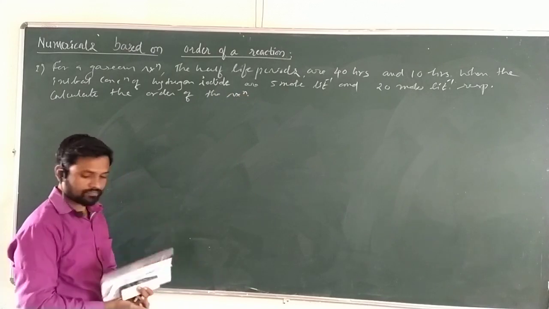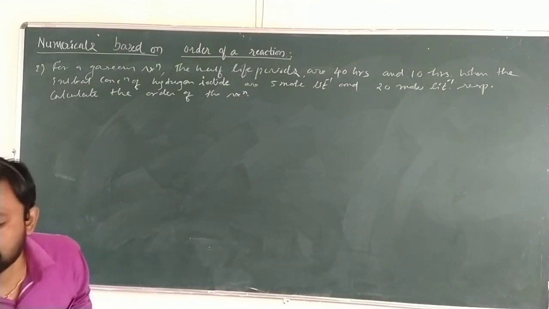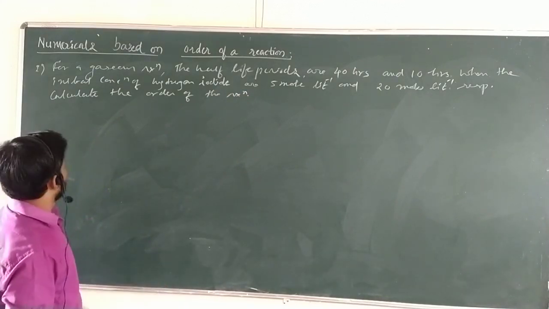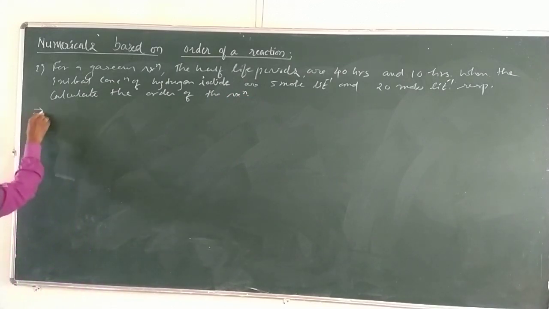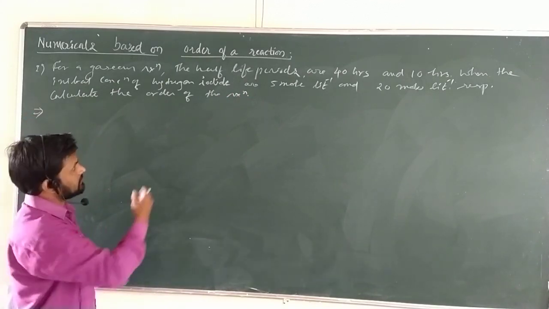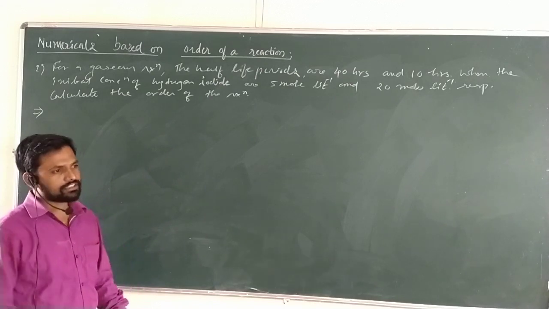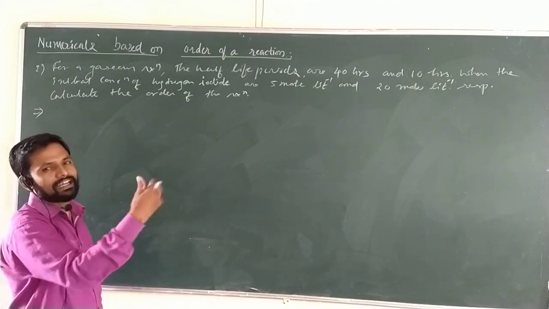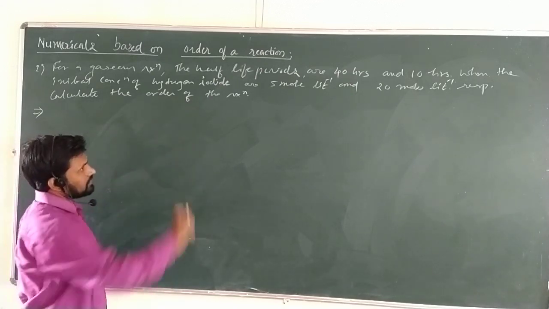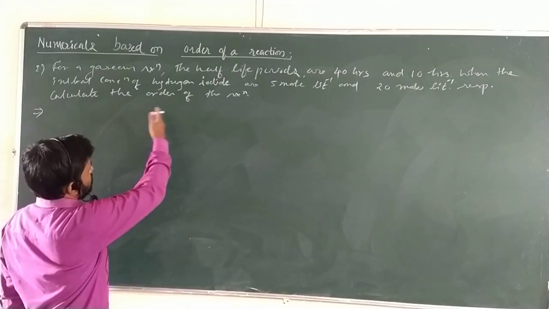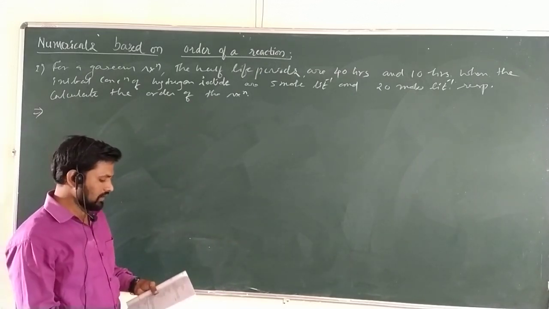Very simple. Again, what we have to do? For a gaseous reaction, here HI, hydrogen iodide, is decomposed into H2 plus I2. There is a reactant given, the initial concentration of hydrogen iodide, which means 2 molecules.